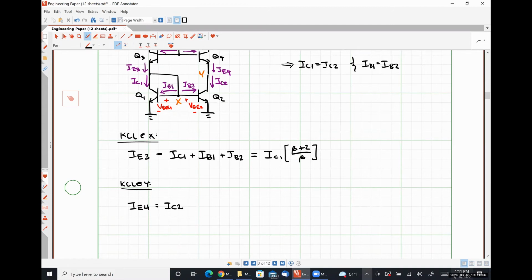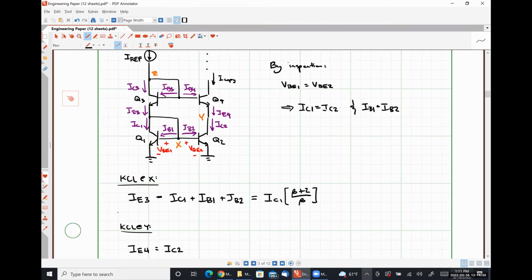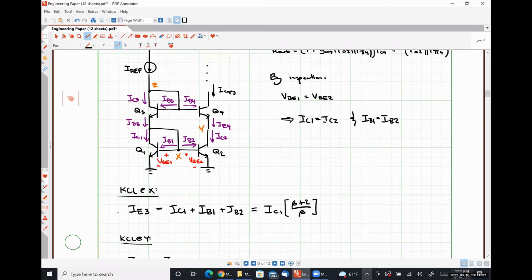Nothing more difficult than that. And we're going to play around with things just real quick here, right? So obviously we can say that IC2 is equal to IC1, so we're going to make that substitution in a moment. Another thing that we can say is that IE4 is beta plus 1 over beta times I copy, the output current that we're looking for.